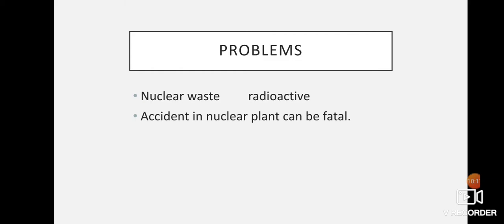Now one more very important thing when we are talking about nuclear energy, or we can say atomic energy. Atomic energy involves two reactions. One is nuclear fission, which we just saw how it takes place in the reactor, and the other is nuclear fusion. Both these reactions result in the release of a tremendous amount of energy.